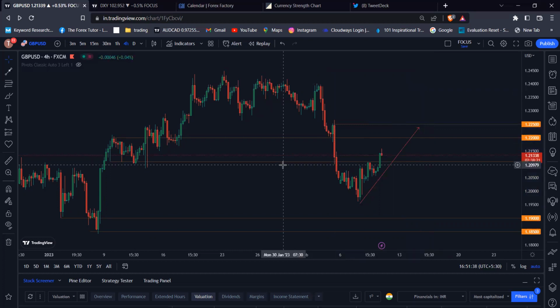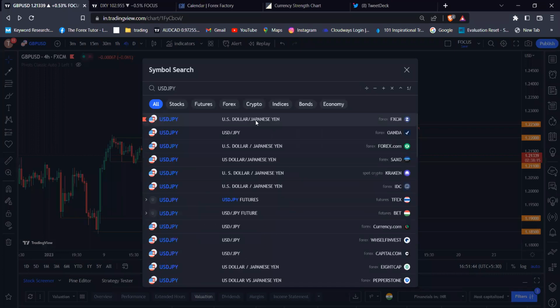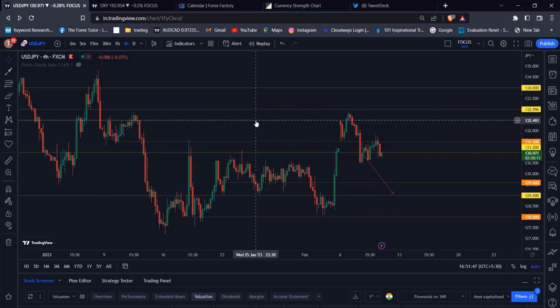So our next pair should be the USD Yen. As we discussed in our previous video, the USD Yen did not break the 132.996 region, and it respected this psychological number and moved downwards to the 131.500 psychological number.